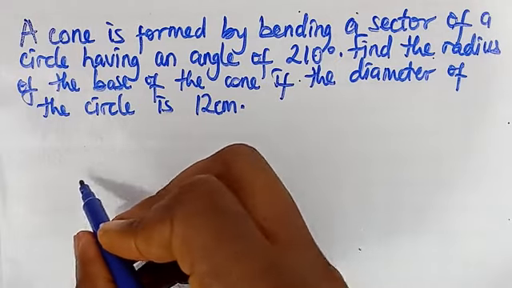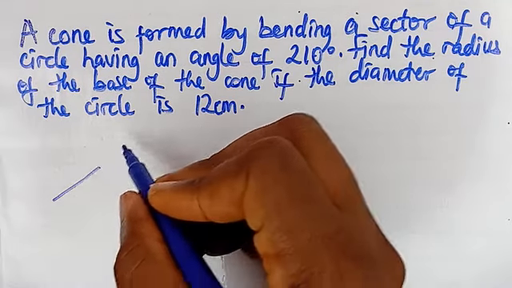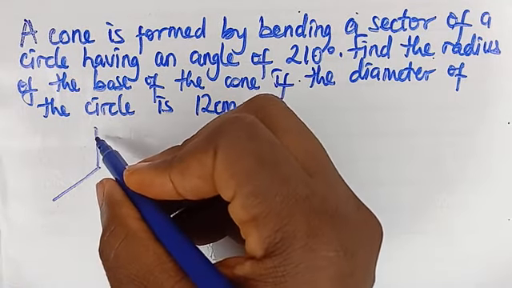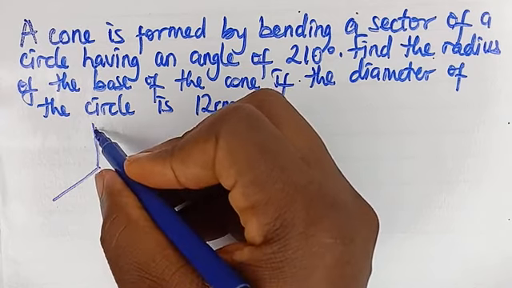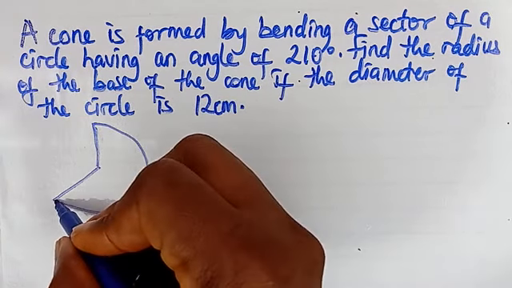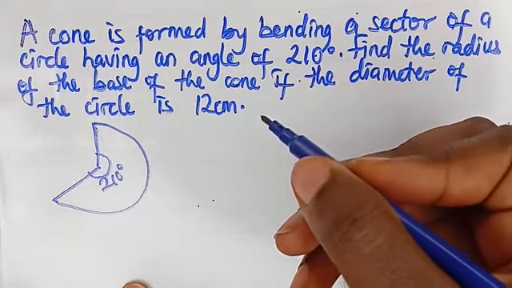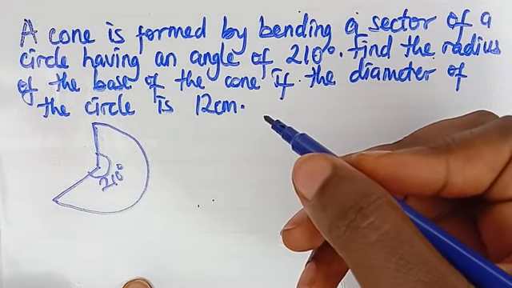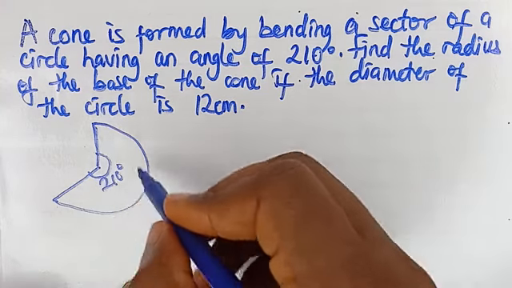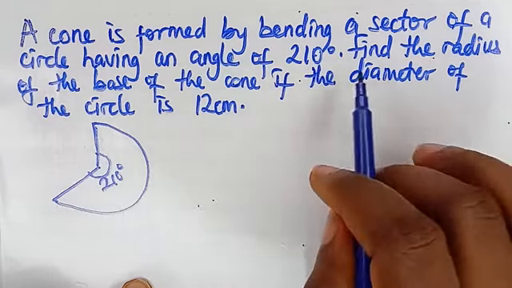So if this was the sector of the circle, for example, let's say that this is the 210 degrees. So this is the sector of the circle. When we fold it, we now find that cone. So we understand this part.